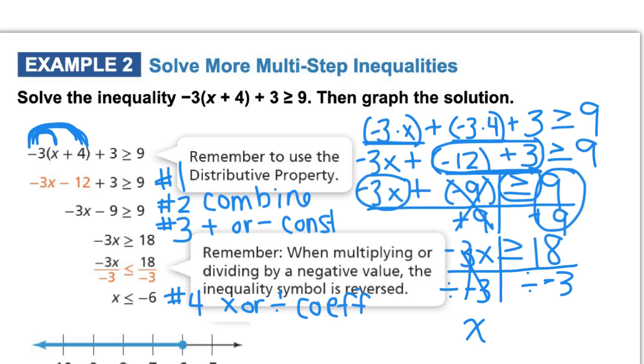Remember, if you multiply or divide by a negative, you're going to flip your sign. So my answer is x is less than or equal to negative 6. So when I graph that, it's going to be filled in because it's equal to and everything less than.